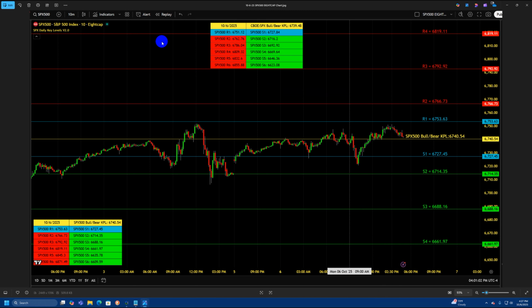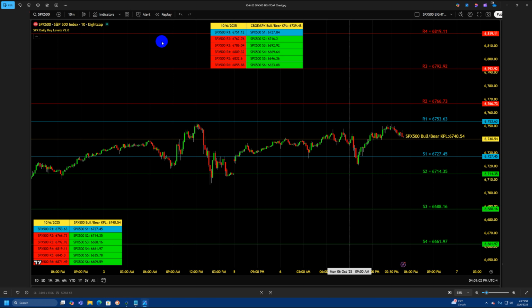The reason that the levels cannot be displayed at 9 a.m. on your CBOE SPX chart is because the way PineScript and TradingView works is that you have to have a tick on the chart, and the CBOE SPX index is closed until 9:30 a.m. when it opens.